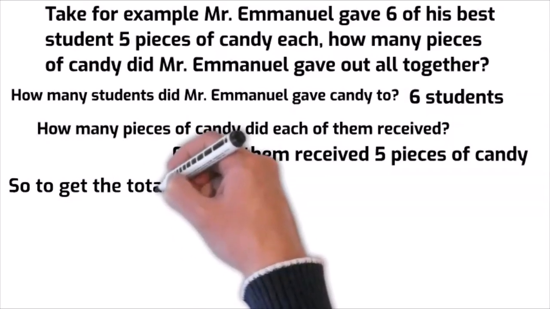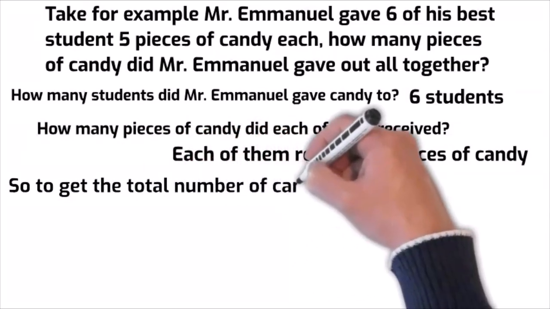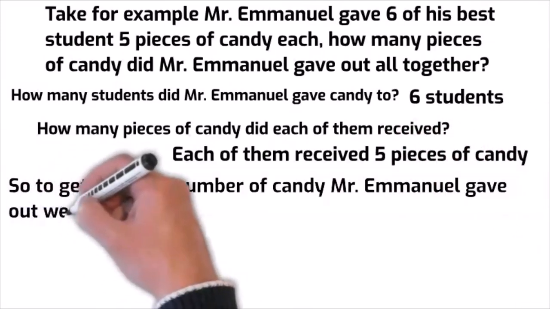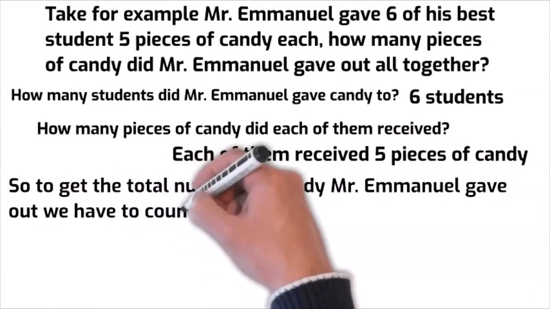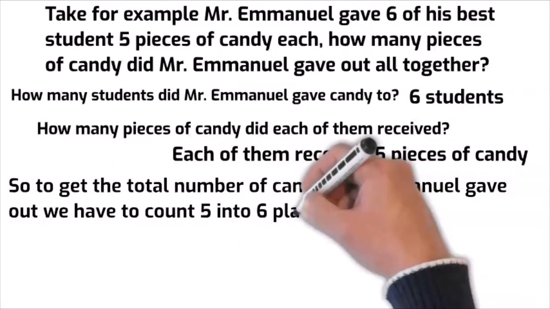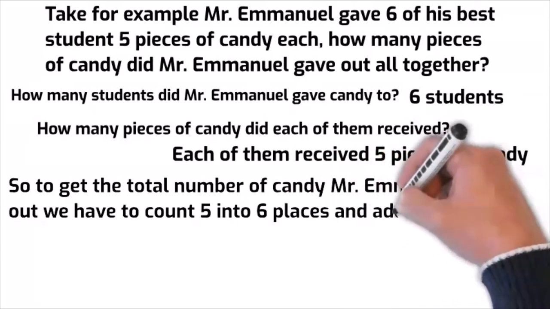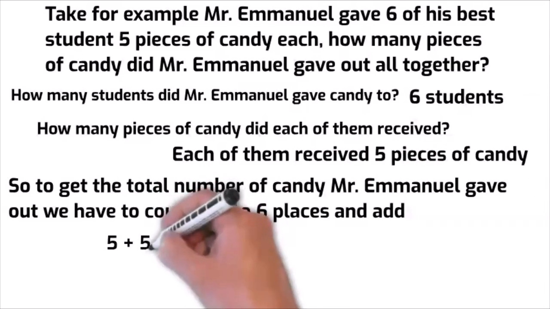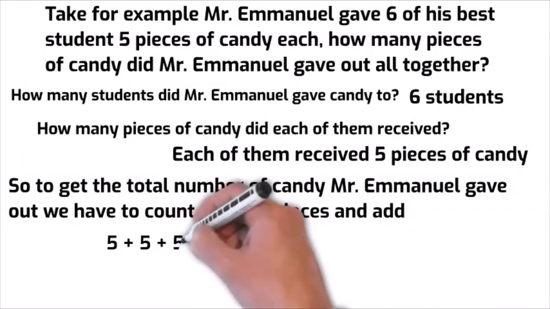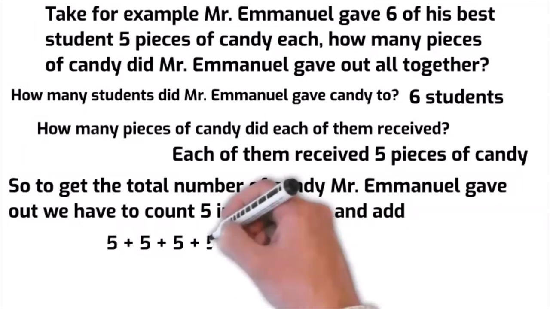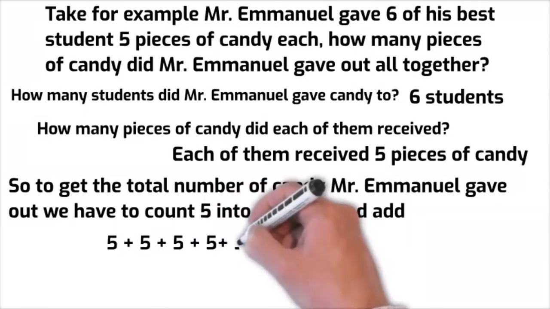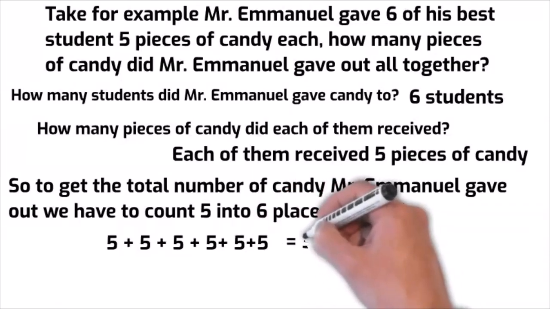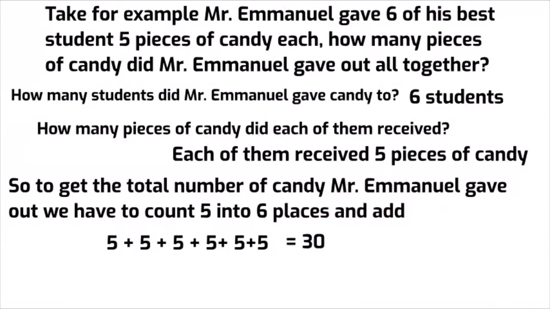So, to get the total number of candy Mr. Emmanuel gave out, we have to count 5 into 6 places and add 1, 2, 3, 4, 5, 6. 5 into 6 places gives us 30.